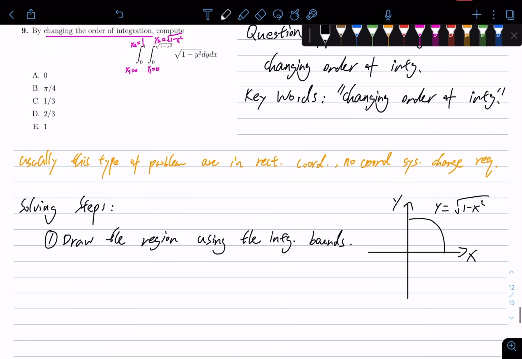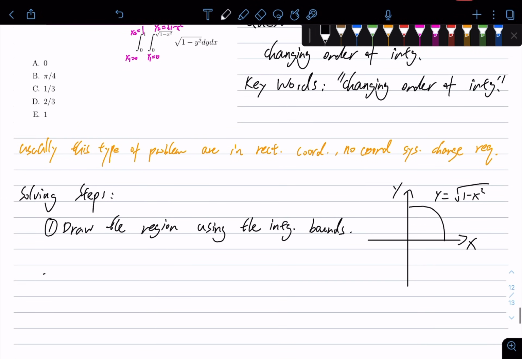And then we're going to ask ourselves this question: does the integral assume a horizontally simple region or a vertically simple region?